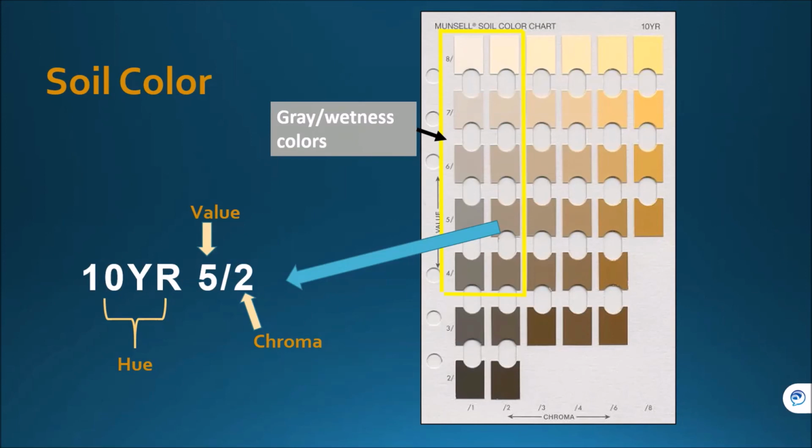The one that I've got the arrow on is a 10YR. That's the hue of the page, and then 5/2 is the value and the chroma. Those two chroma colors are what tells us that we have some drainage issues on a particular site. Next slide, please.